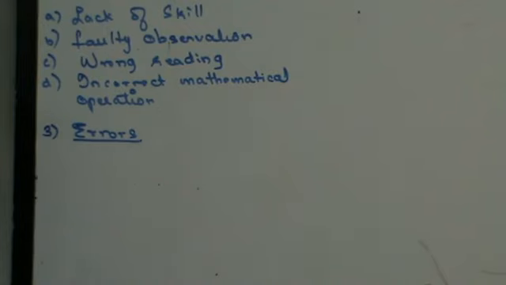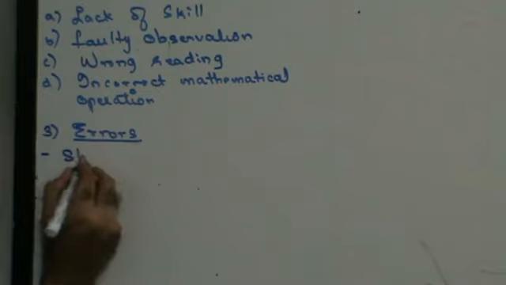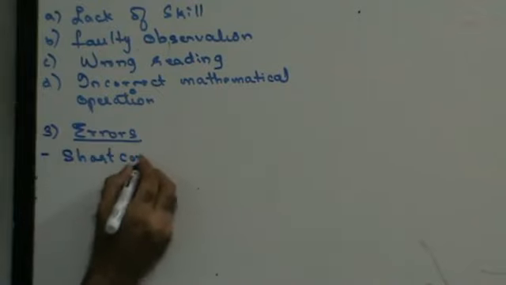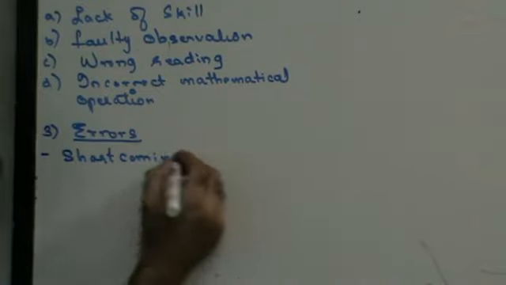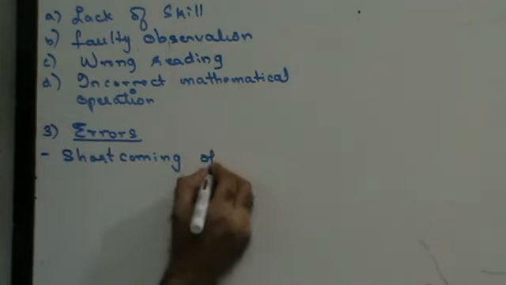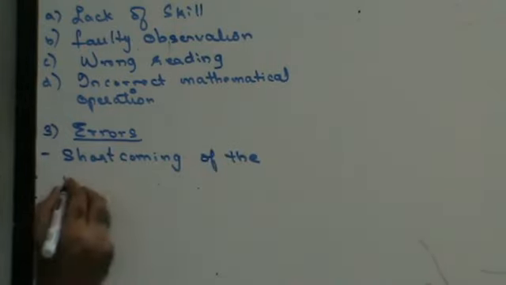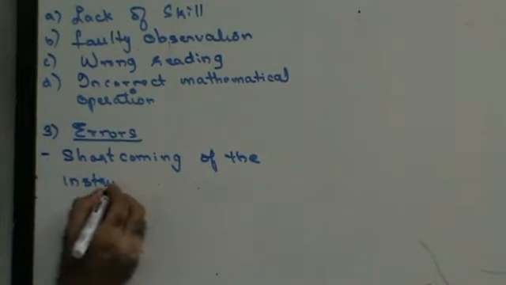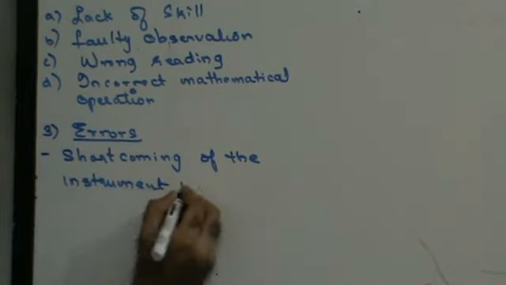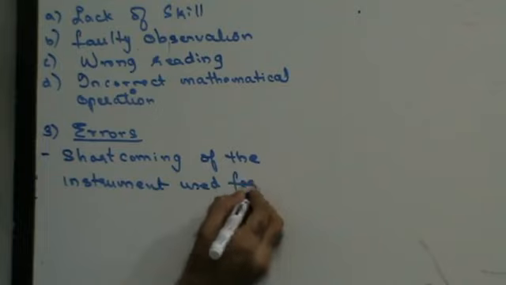These are certain shortcomings of the instruments owing to which you cannot get the correct reading. Do we understand what are errors? Errors are shortcomings of the instrument used for measurement.